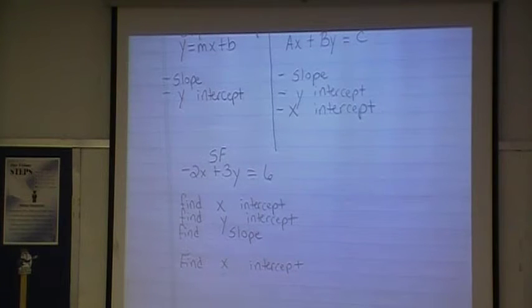All you do is take the number in front of the x, put it underneath your very last number, and reduce. I'll write that down.